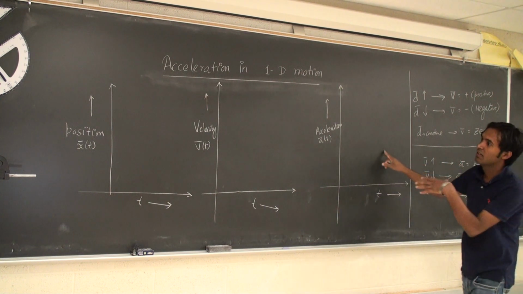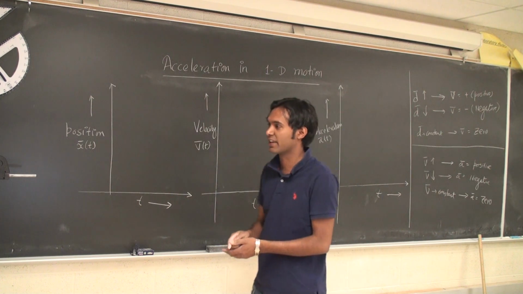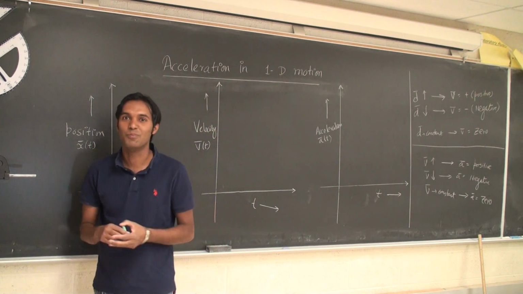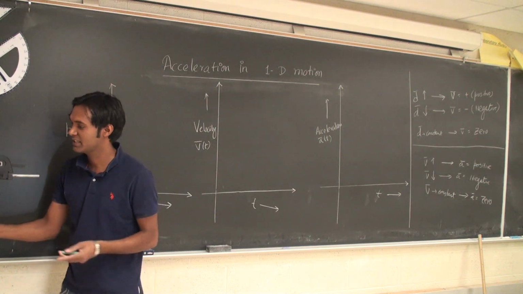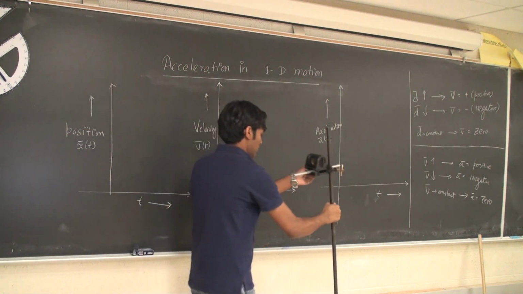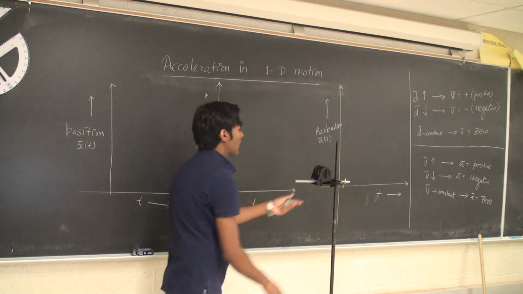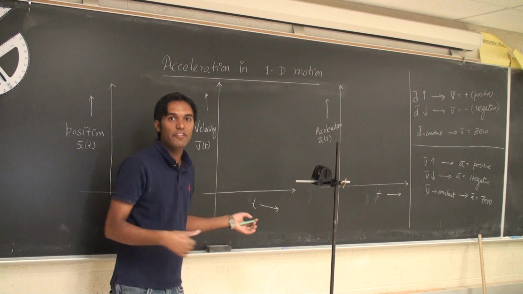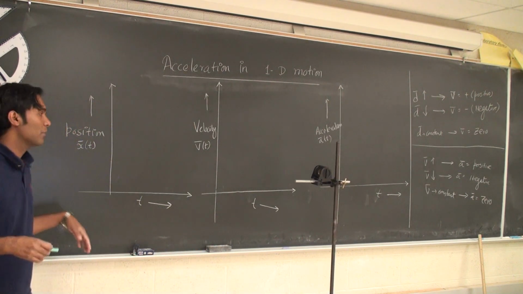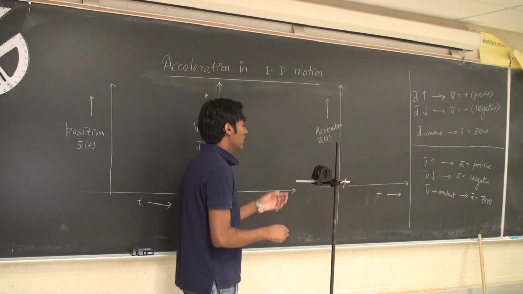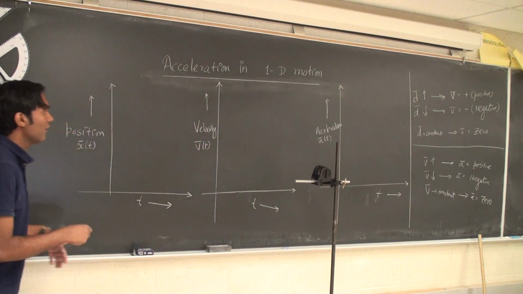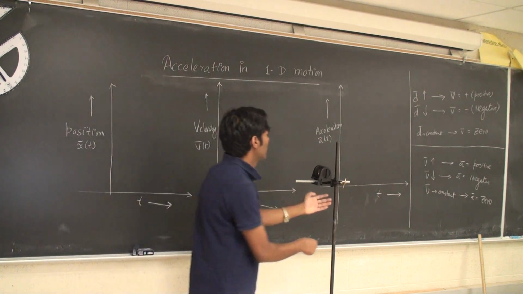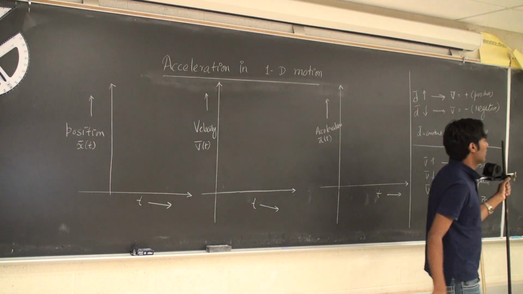So let's start with a very simple case. In this lab also, we are going to use the same motion detector. Okay, so this is our motion detector. I'm going towards the motion detector and also away from it. Whether I'm going towards or away from the motion detector, I can draw different graphs based on my position and motion.